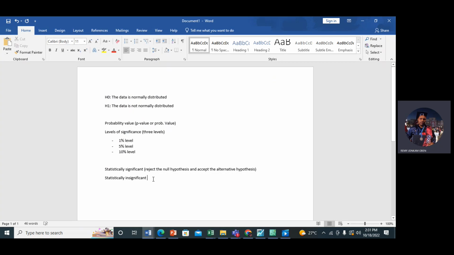If it is statistically insignificant, then we cannot reject the null hypothesis. So we do not even look at the alternative hypothesis.